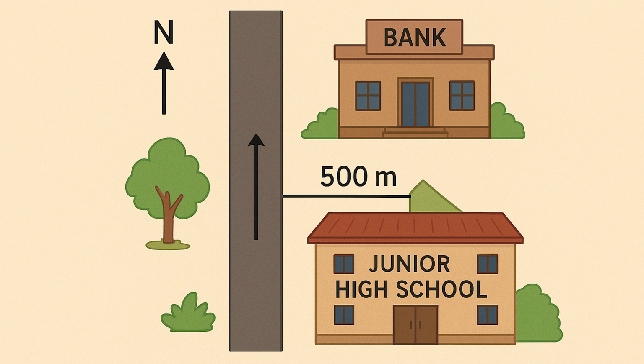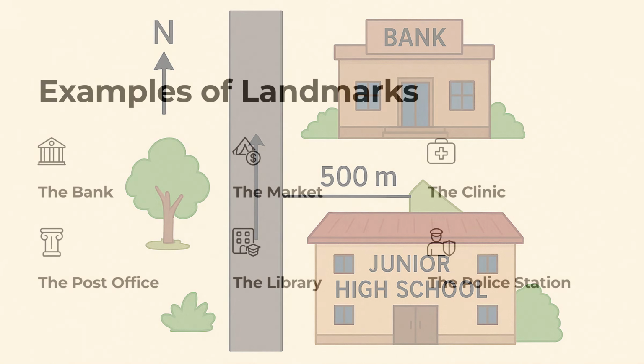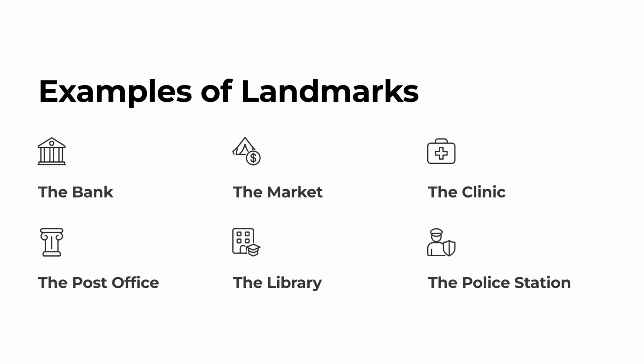So when you are describing landmarks, always think about two things: how far and which direction. That's how we locate and describe places accurately. Landmarks can be anything: the bank, the market, the clinic, the post office, the library, or even the police station. These help us move around, give directions, and understand our community better.